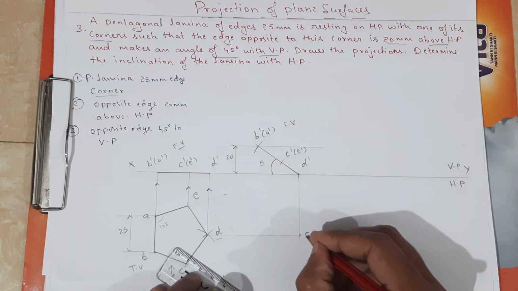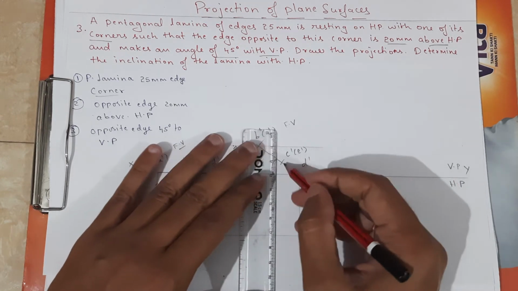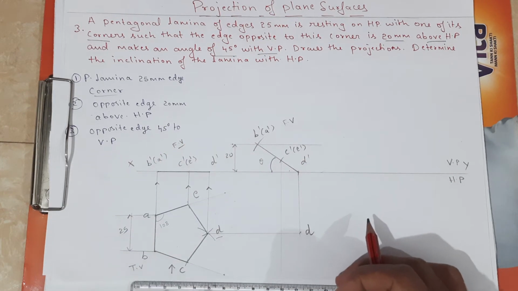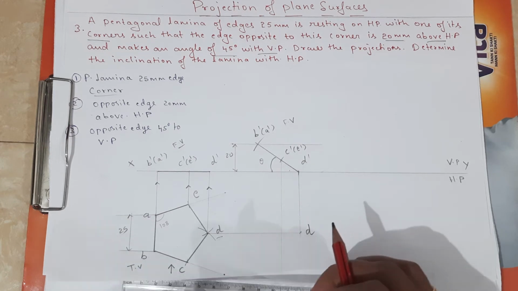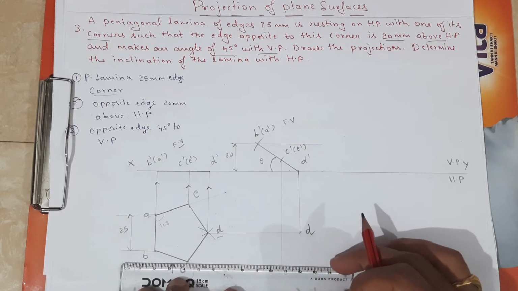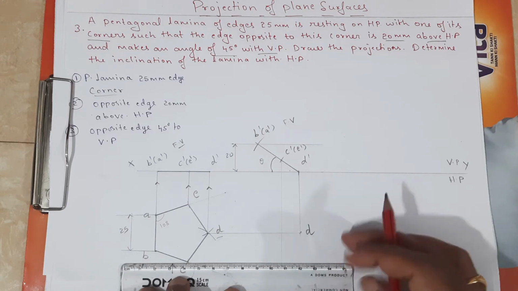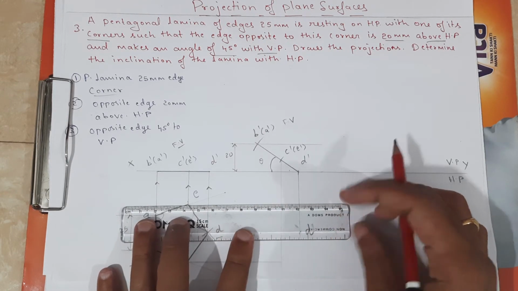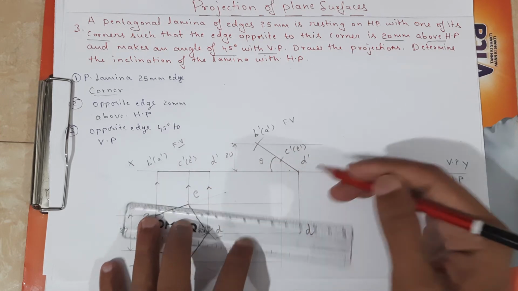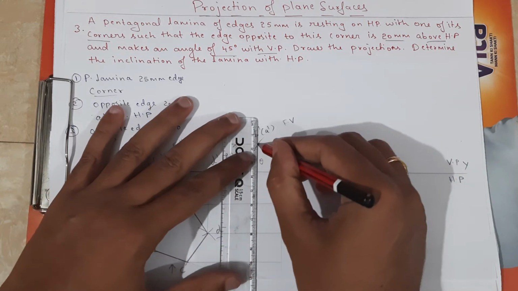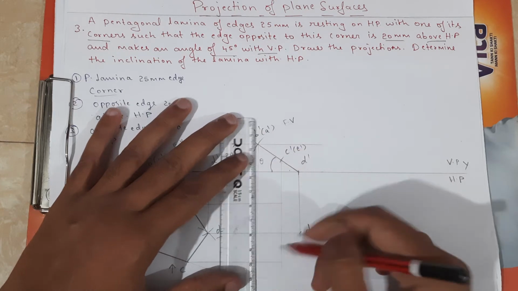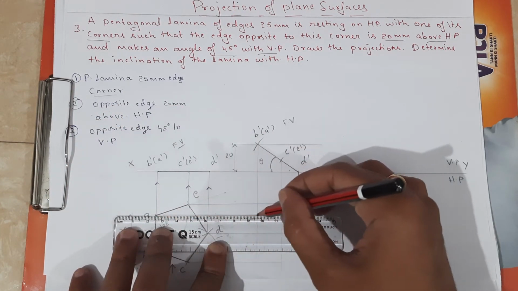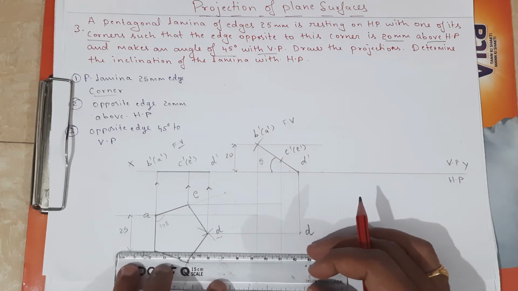So this we are going to call D. In the same way, this one C dash and E dash, horizontal projection, and also from E, horizontal projection, and finally I am going to draw this downwards to locate A as well as B.